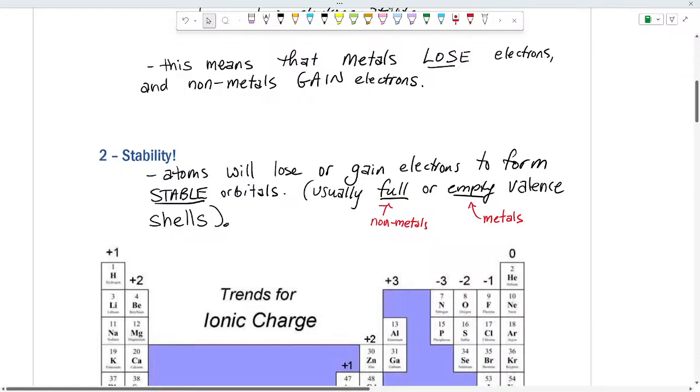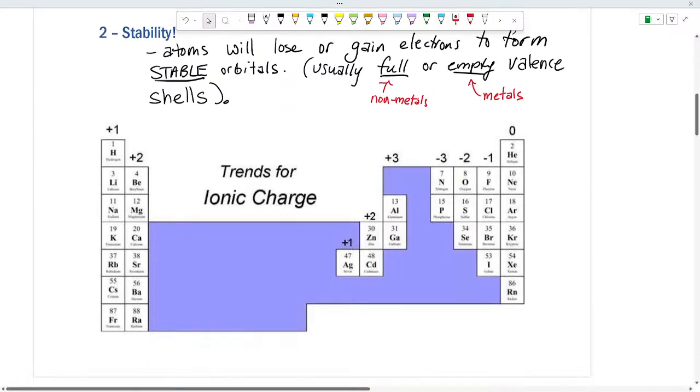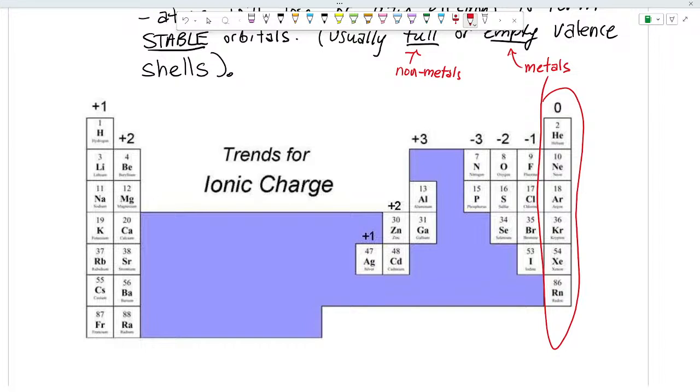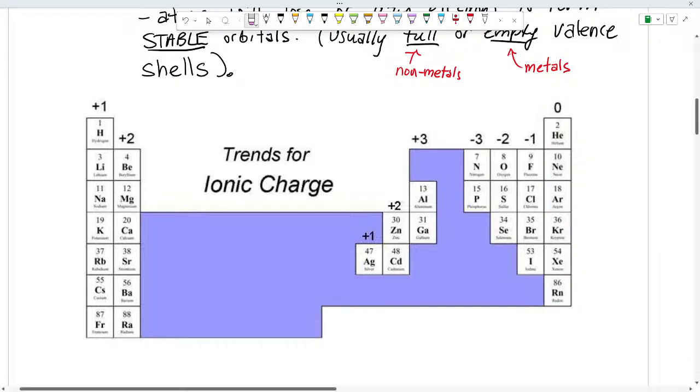So I've given you this table, but if you look at this table, what it shows you is that the noble gases tend to take a charge of 0, which is just a fancy way of saying they don't give up electrons and they don't take electrons. They have full shells to begin with.